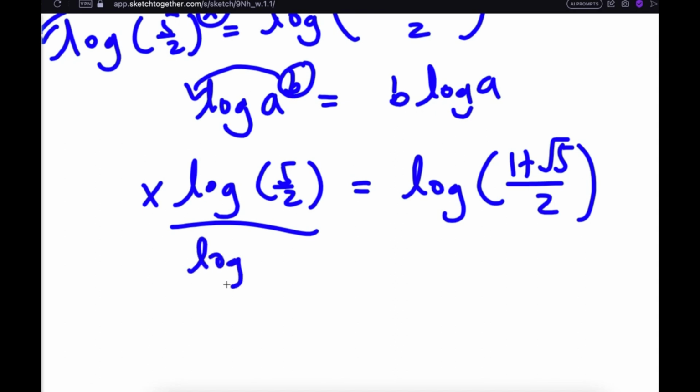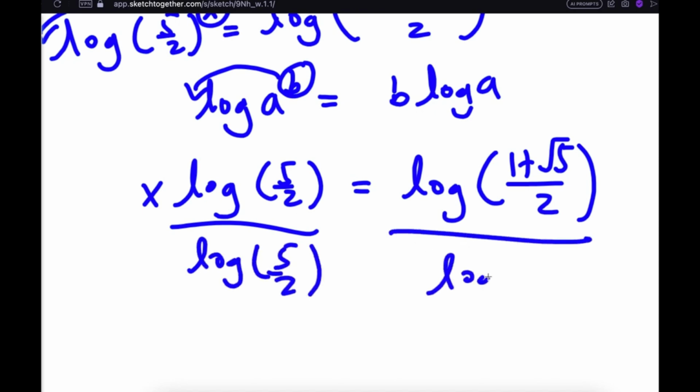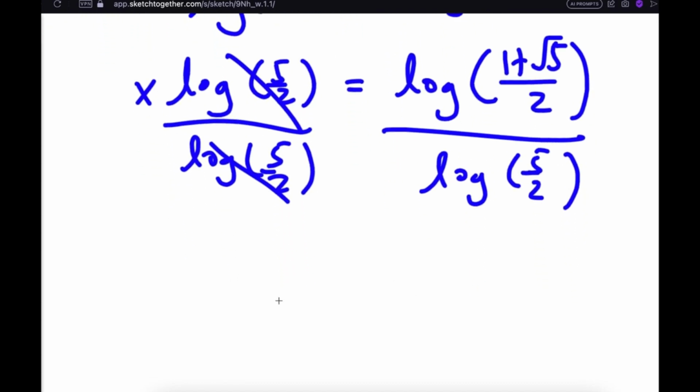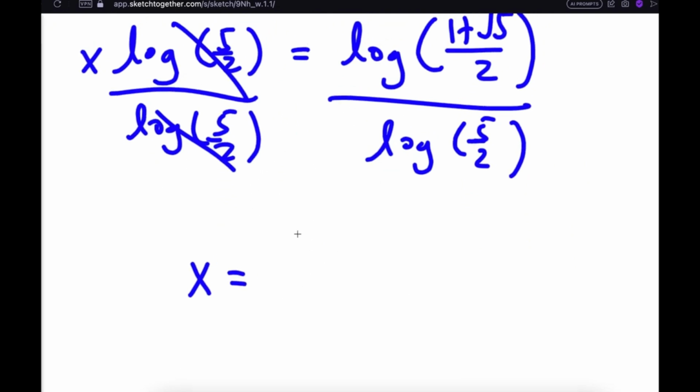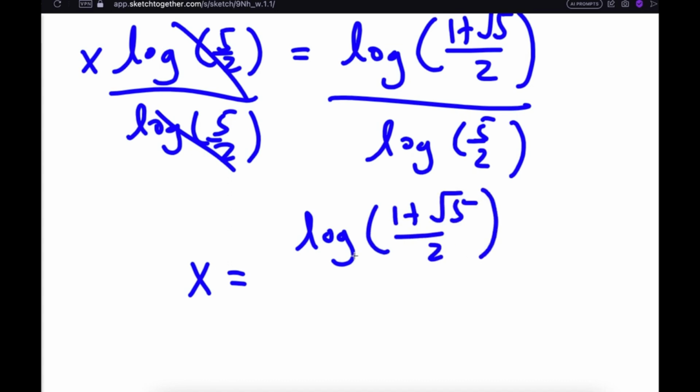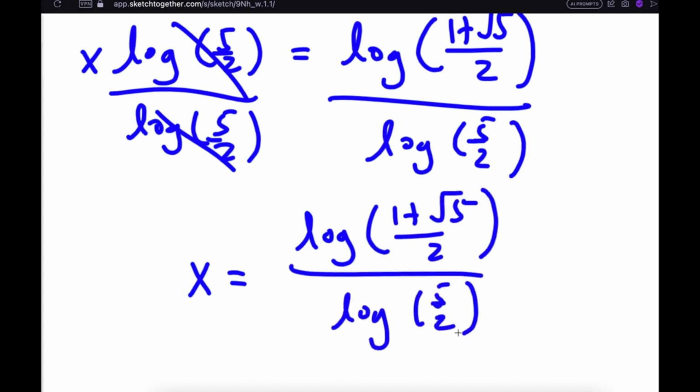Now if I divide by log 5/2 on both sides, these two cancel out, and I will be left with x is equal to log of (1 plus the square root of 5) over 2, over log 5/2.